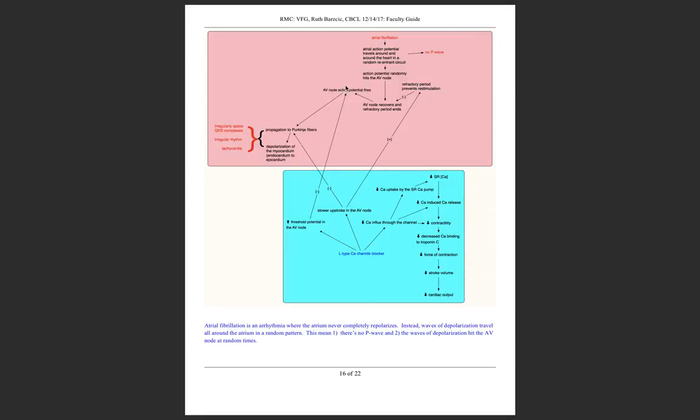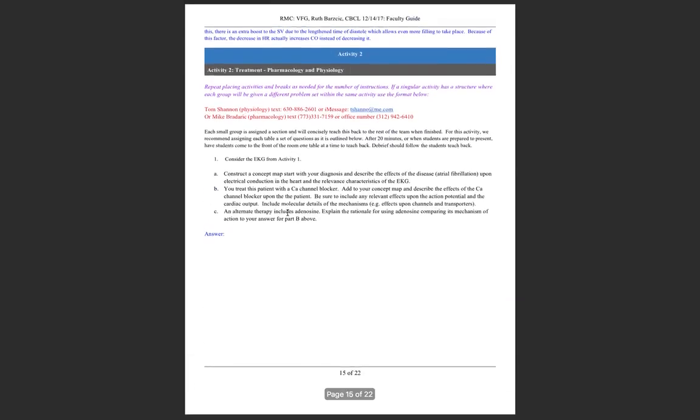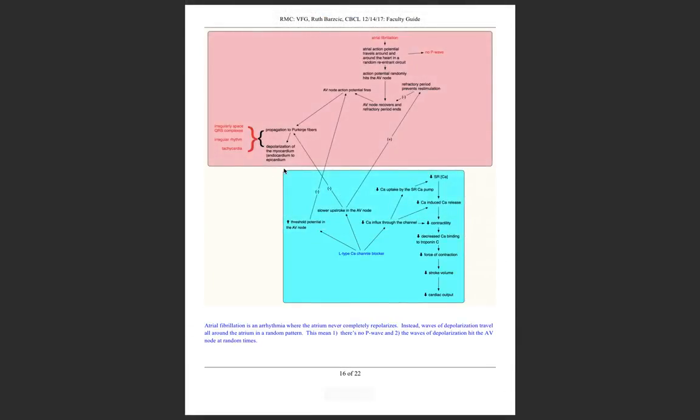It basically prolongs the PQ interval. And you increase the refractory period because of this slower upstroke in the AV node. So your action potentials are still hitting the AV node, but they're not actually causing a depolarization. And so the rate at which your ventricle beats slows down. Okay, so we get a slower rate of ventricular depolarization and rate of contraction.